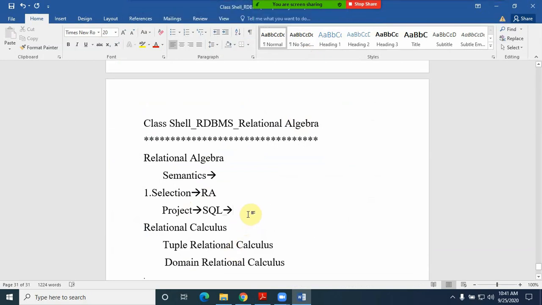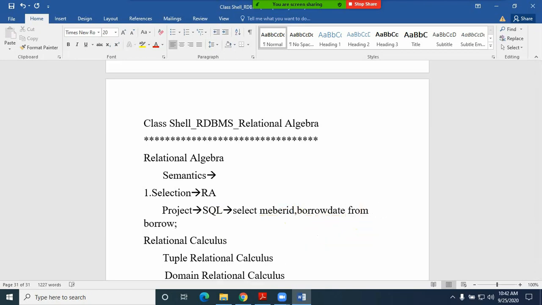We can access it like this: select member ID, comma, borrow date from the borrow table.